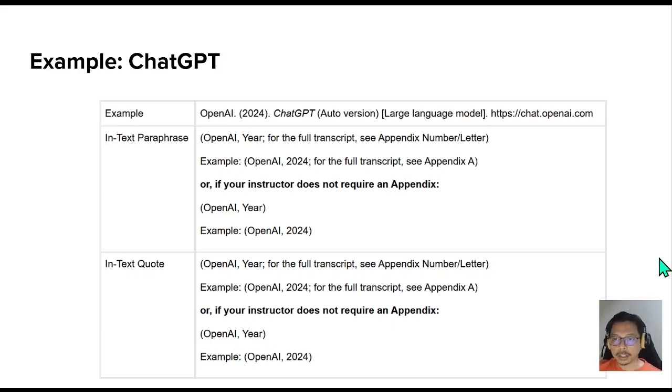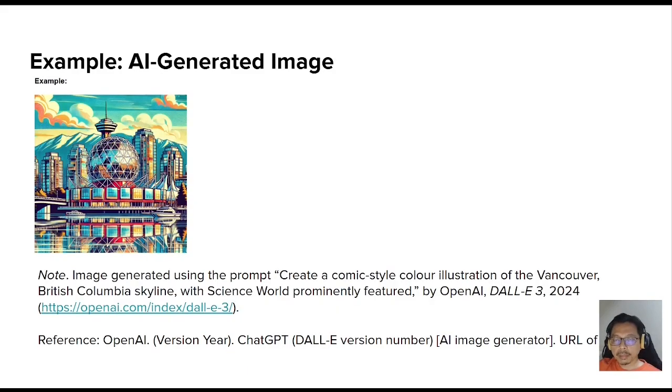You may refer to the other citation formats for different styles, for Harvard style, IEEE style, and anything else. But this is the standard for the APA 7 style. What about images? Well, for an AI-generated image, you also have to include the prompt.